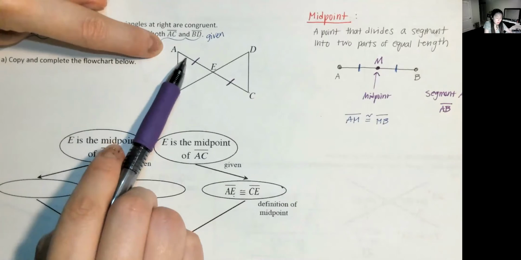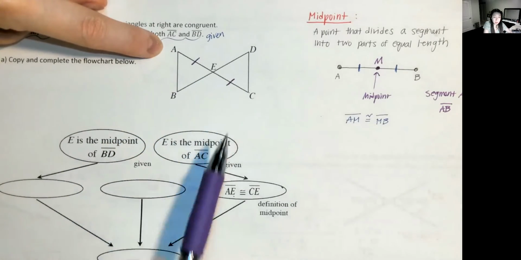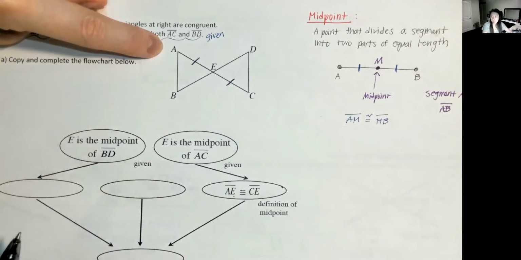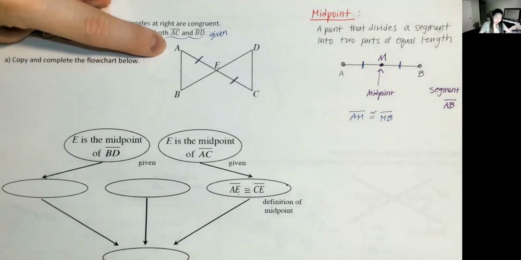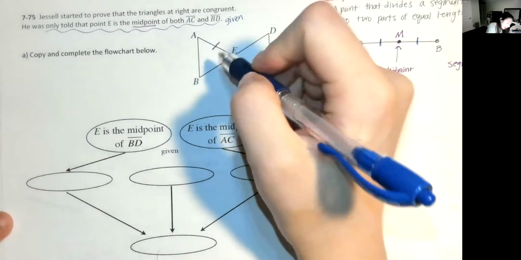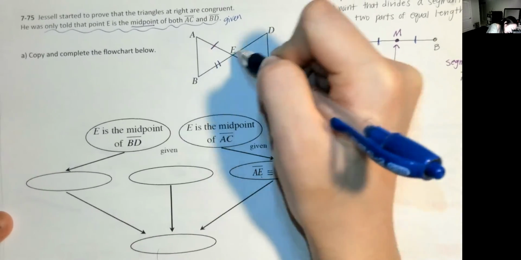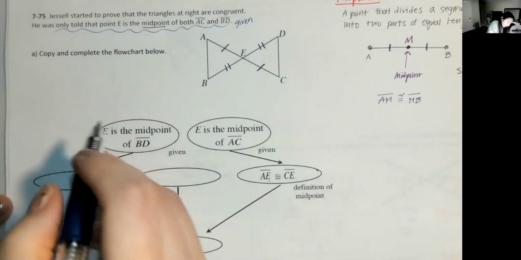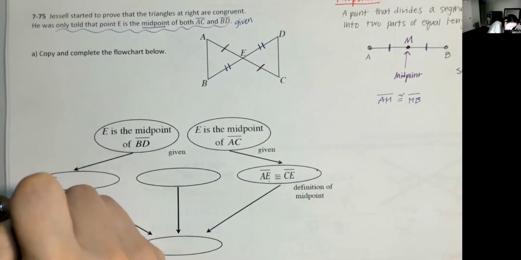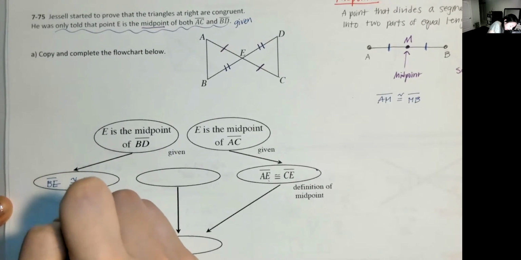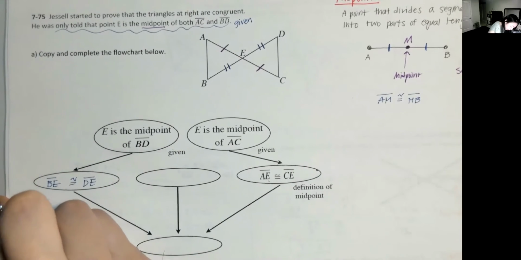We know that this part and this part are congruent to each other because E is a midpoint. So we can apply the same thing to the other segment. If E is a midpoint of BD, now we know that this part and this part are going to be equal length. So we can say that segment BE is congruent to DE, and that's also the definition of midpoint.